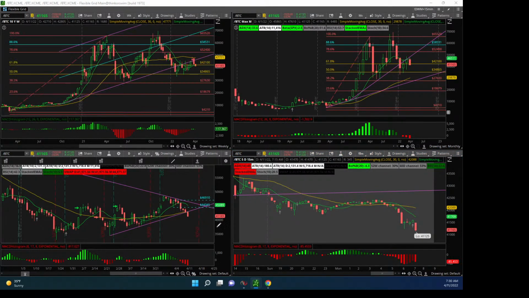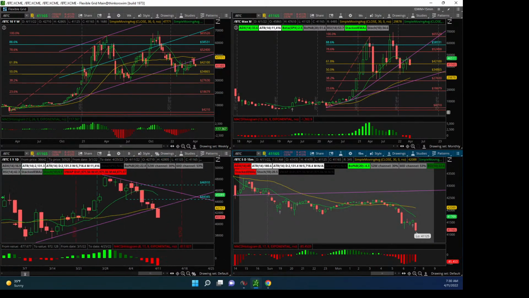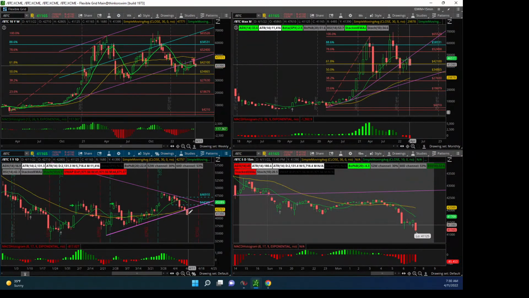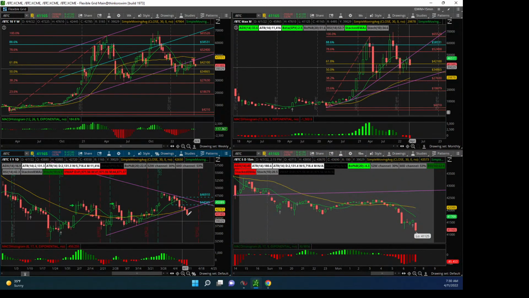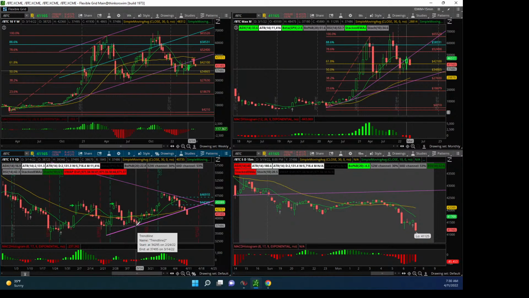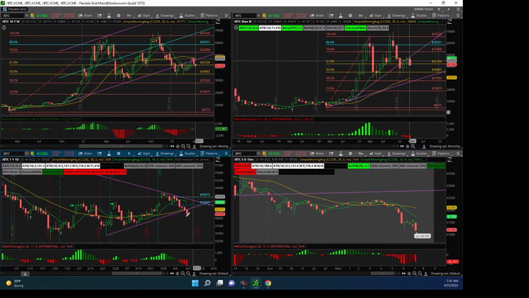I'm going to put here mighty Bitcoin. So Bitcoin violated that trend line right here. It's moving down. There's no real resistance up until this level, 37.48. There's a couple of places here for this resistance. So let's put a level right here.